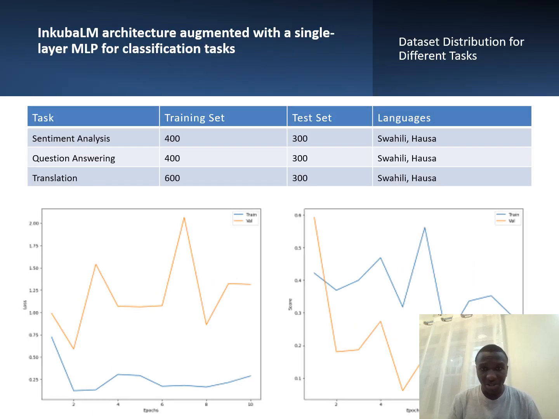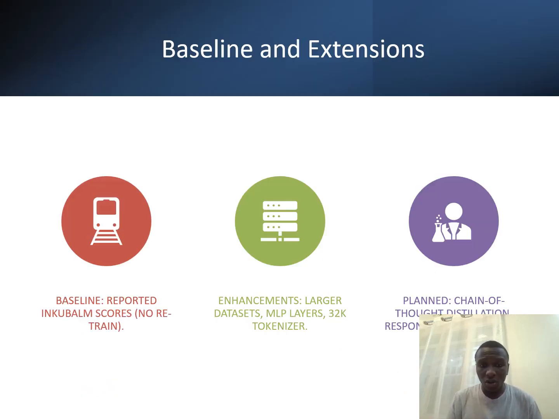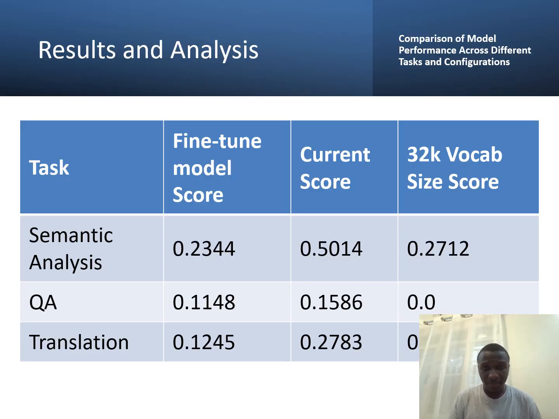This is the distribution of the data set that was provided to us by the organizers of the competition. However, because the performance of the model wasn't too good, as you can see here, we decided to look for other data sets we could use, and we were able to get a data set with over 400,000 sentences for Hausa and Swahili. We used that with a focus on the translation task.